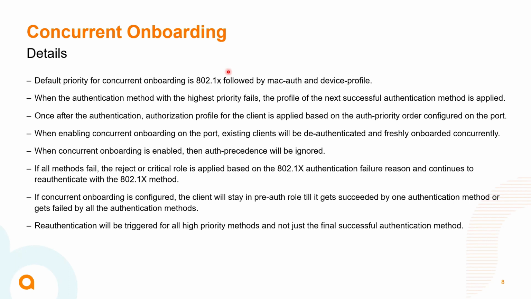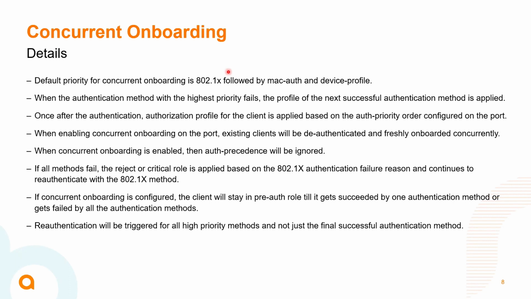In that time, the clients can stay in the pre-auth role. If they succeed, they will get into the appropriate roles. Otherwise, if the client does not succeed, it will be moved to a failed state instead of the pre-auth role.